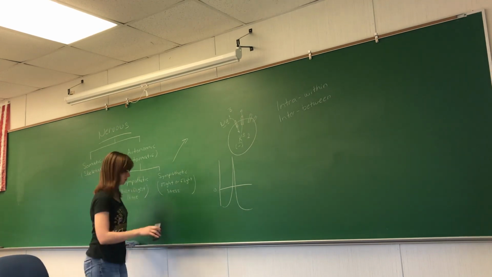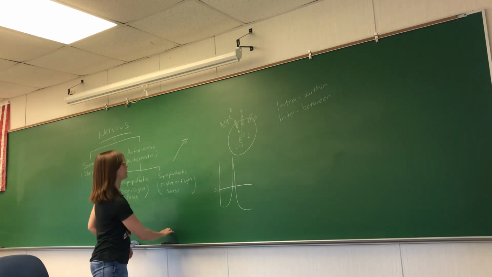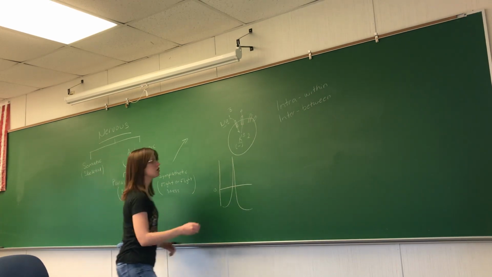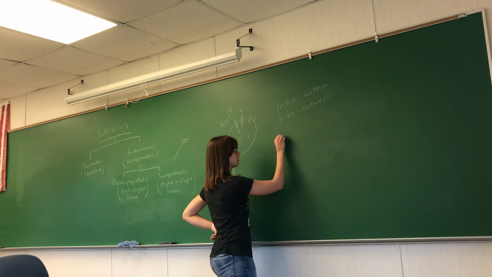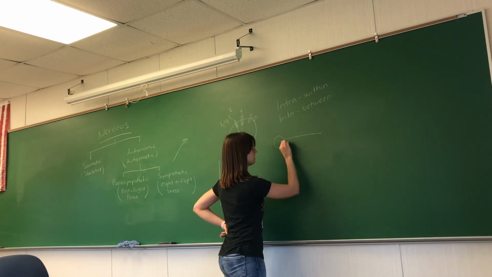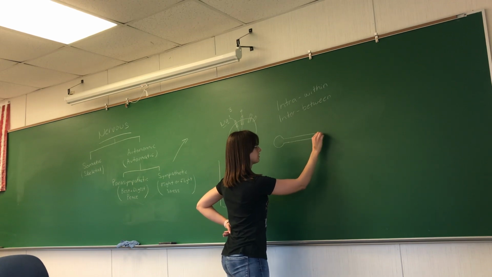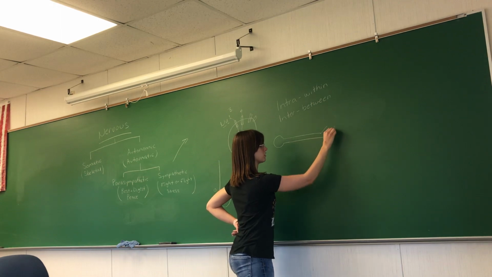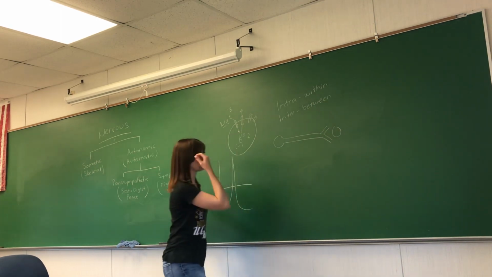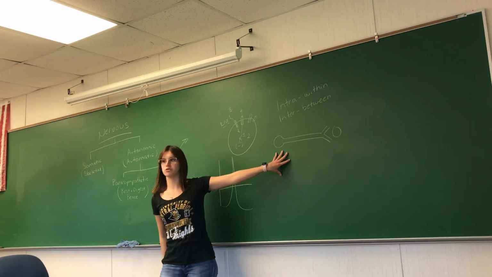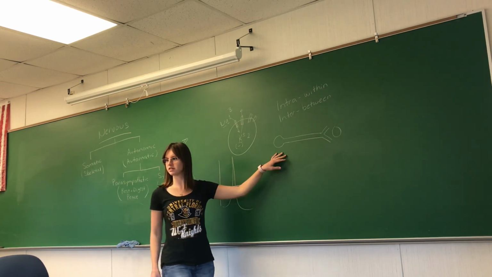Let me find a place to draw a picture here. So you have a neuron, and it has its axon, and it has to send a signal down to another neuron. Neurons use electricity to send signals, so there are little electrical pulses, and it's pretty cool.